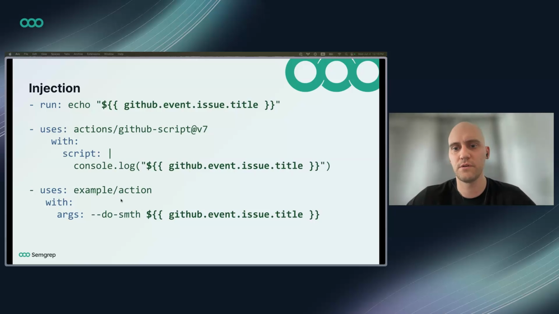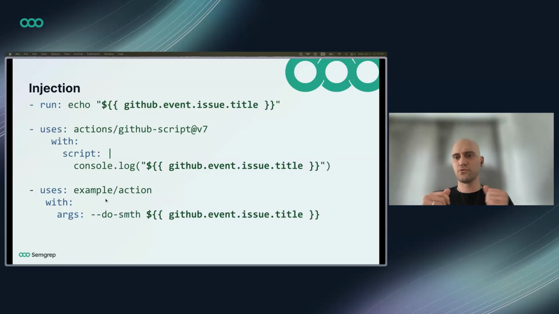Also, quite often nowadays, I see custom actions that wrap, for example, well-known command line tools into a separate GitHub action. They allow you to pass all the arguments that you usually use as parameters to the command line tool.